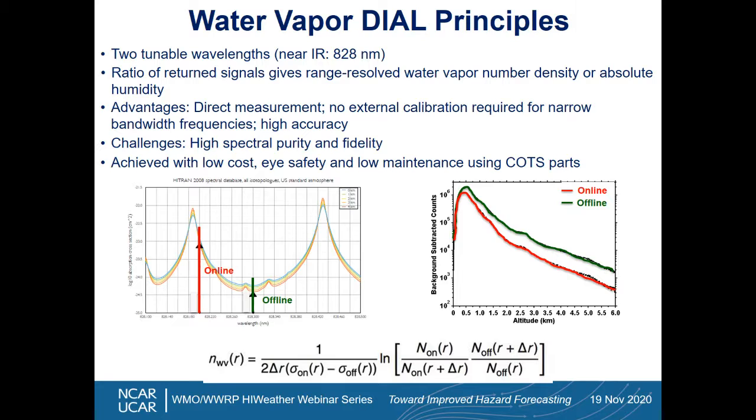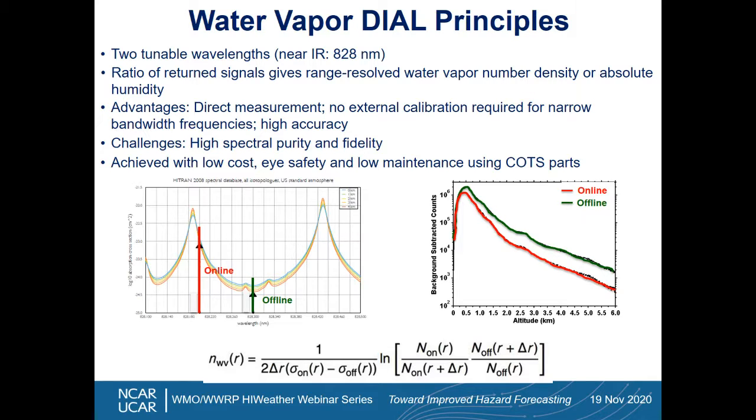If you look at the figure on the left, we're transmitting an online frequency that's very close to a water vapor absorption peak, around 828 nanometers. And then we transmit an offline signal that is not absorbed by water vapor in the atmosphere. And we simply look at the ratio of the signal returned between the online and offline transmitted frequencies, and that gives us the range resolved water vapor number density or absolute humidity.